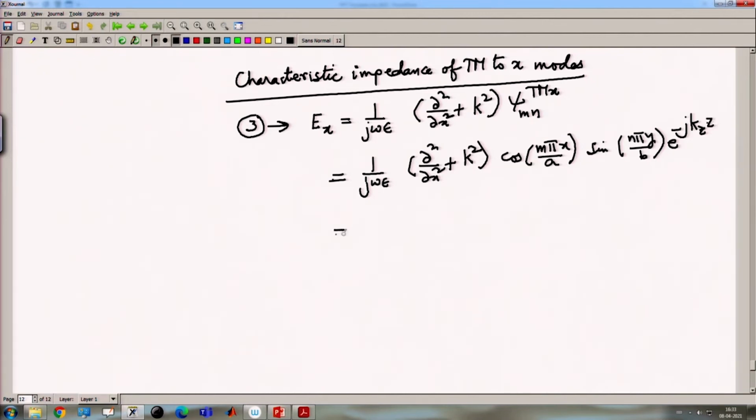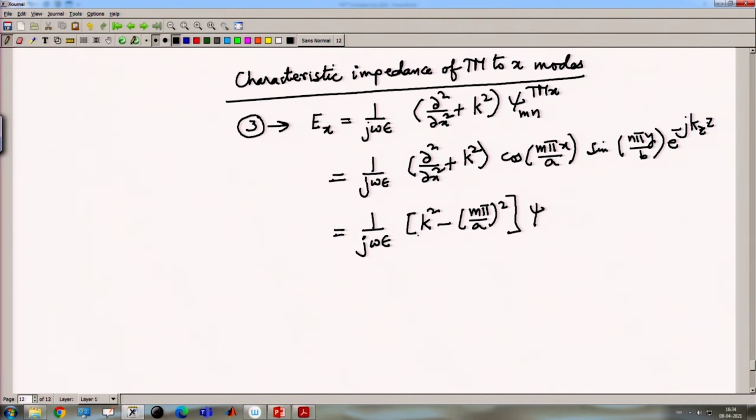So, that is 1 by j omega epsilon, k square minus m pi by a whole square psi, because of the del x square operation we have minus m pi by a whole square when we perform the derivative del x square on this function.